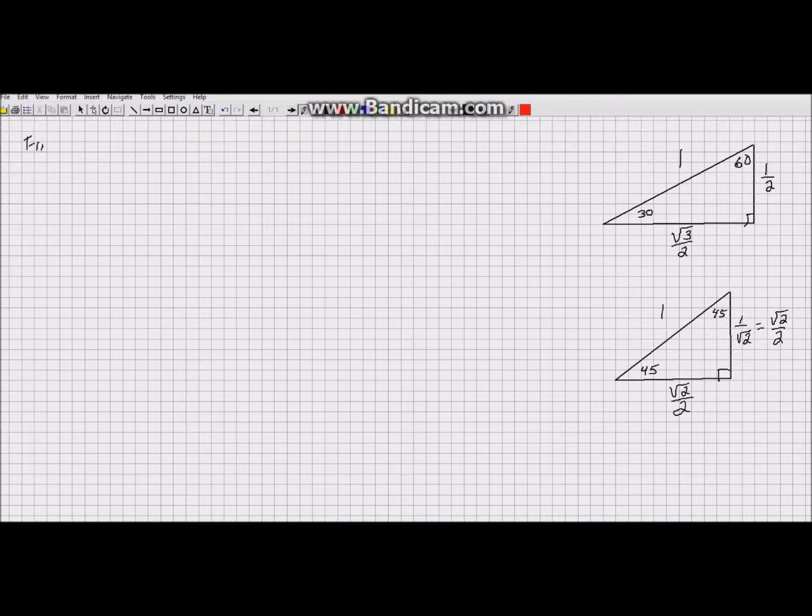So I'm going to start by finding the sine of 30 degrees using a unit circle. Again, I'm going to use both of those triangles to the right along with the trig ratios we learned.